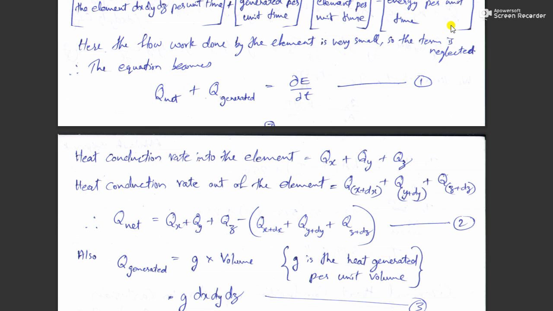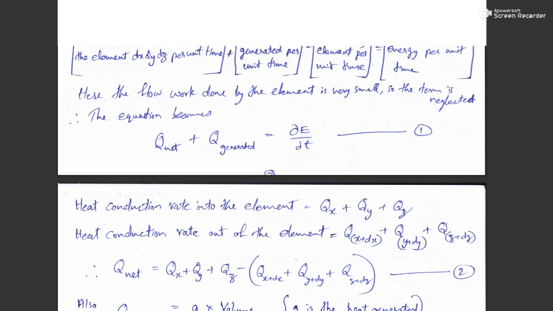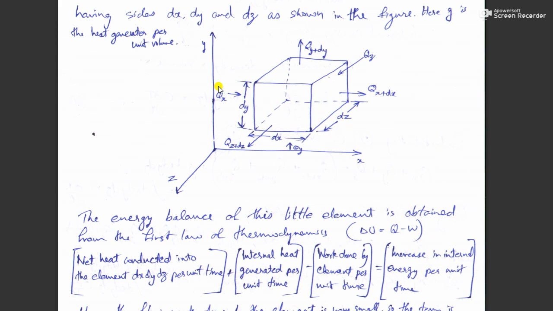To find the net heat, we have to calculate how much heat comes into the element minus how much heat goes out of the element. To find how much heat goes into the element, we look in the x direction. We have a heat Qx coming into the element.